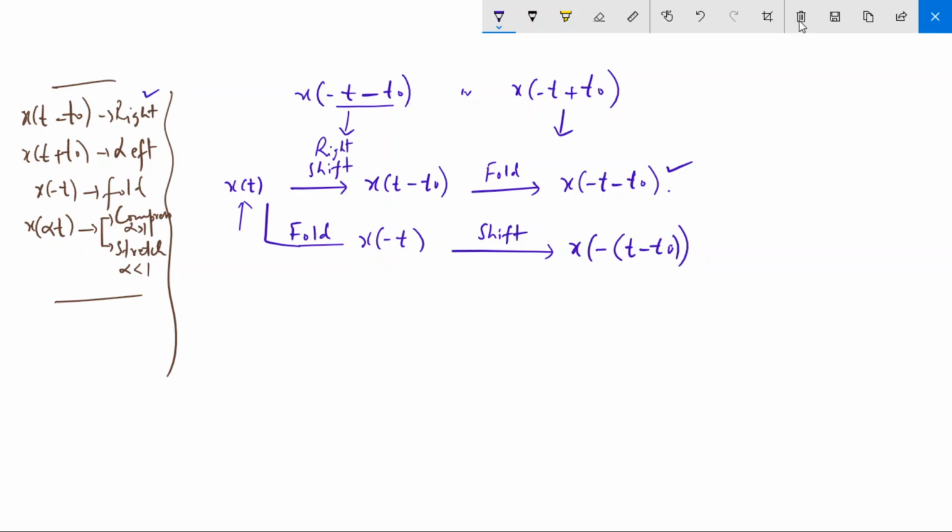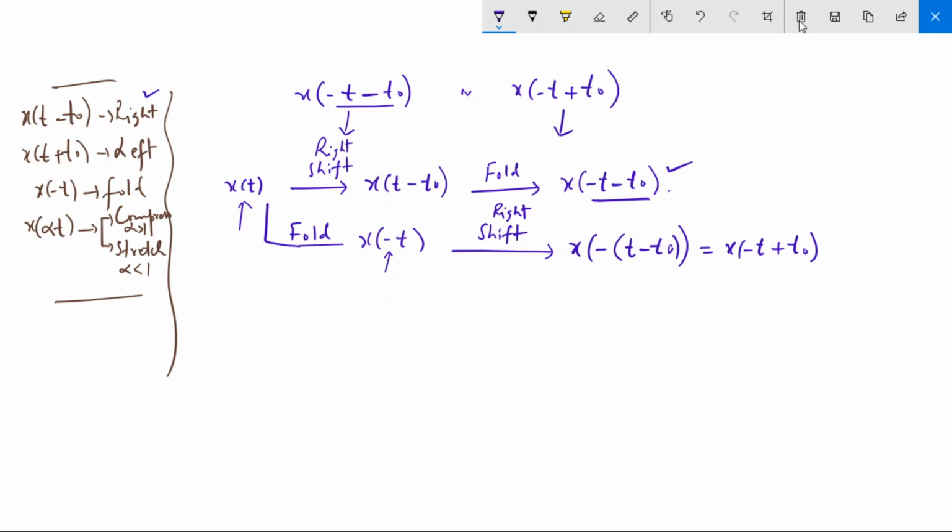Okay, this is the difference here. After folding, we get x of minus t, and I am going to shift to the right by t naught. This minus will stay as it is, but this t has to be replaced with t minus t naught. So as a result, this minus sign will be multiplied with both. So what you get basically is the signal x of minus t plus t naught. Okay, it means this is not the signal x of minus t minus t naught.